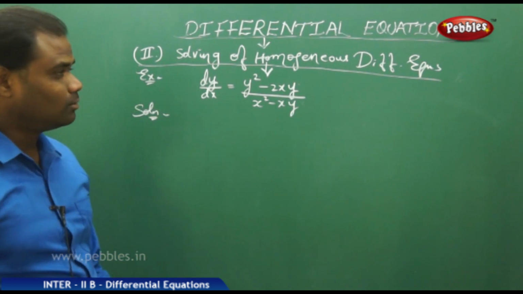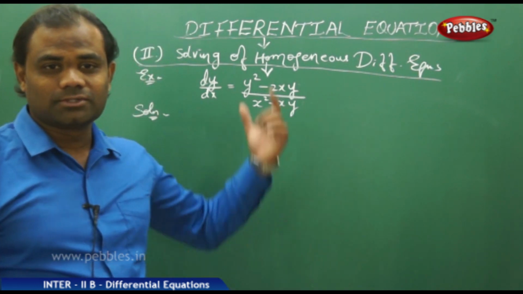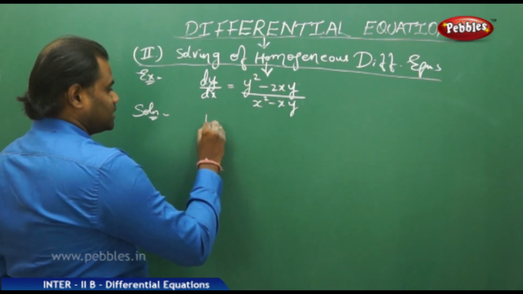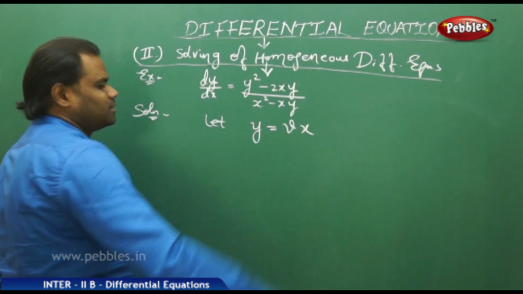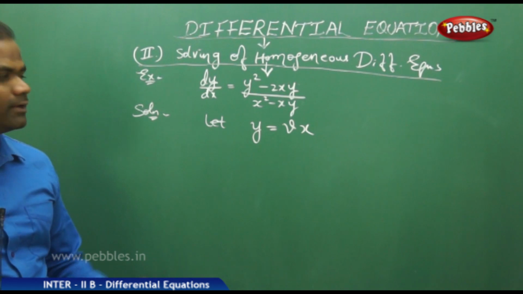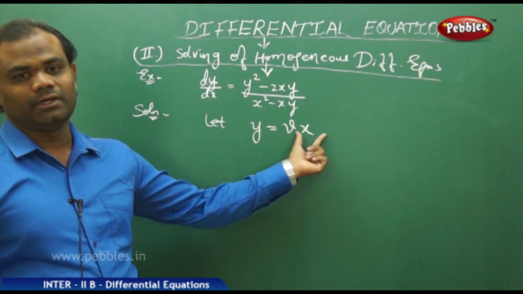In order to solve the homogeneous differential equation, the first step of solving using this method is that I take y equals some v times x, where v is a new variable introduced in the form of y equals vx.